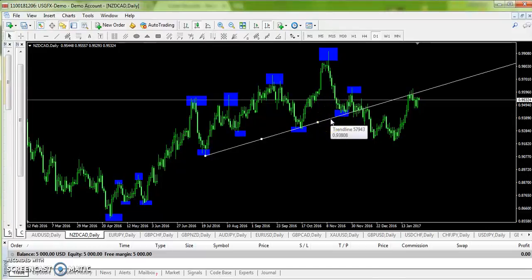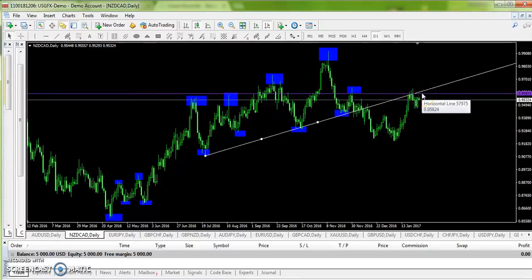Now as I am looking for a sell order on a daily chart, my sell would be if this trend line has broken. As at this particular point the trend line has broken, therefore I place my sell order over there at 0.95833, right?